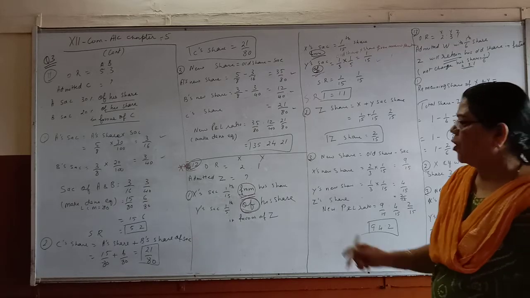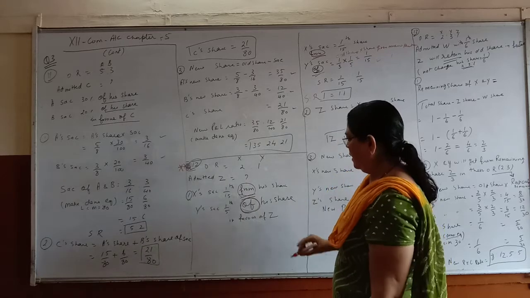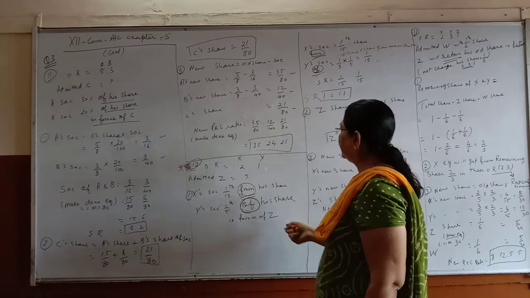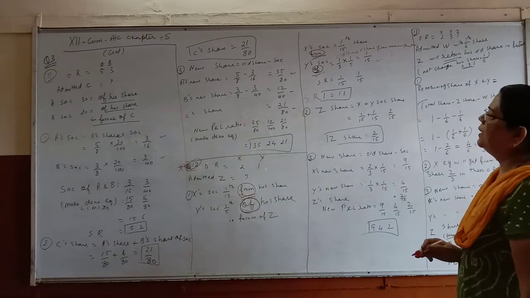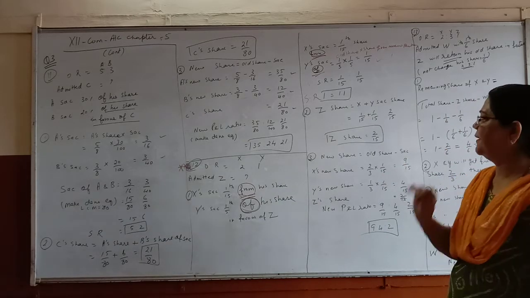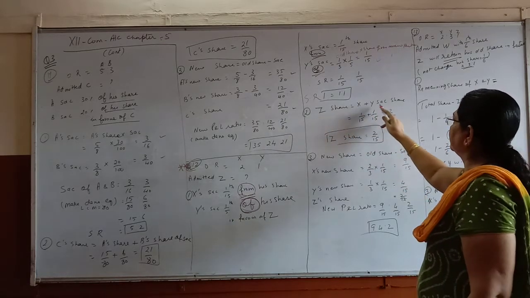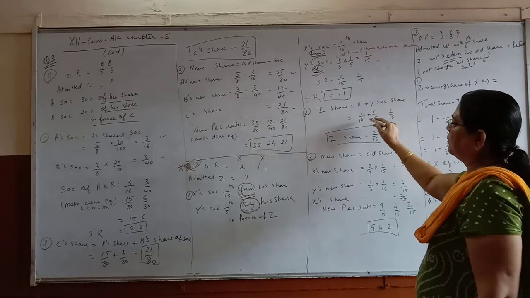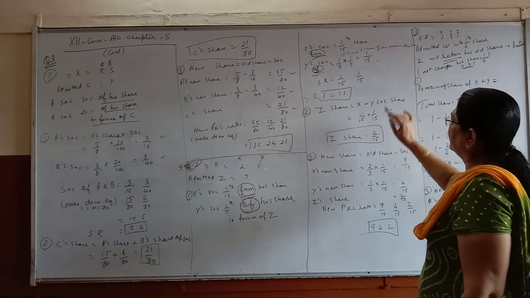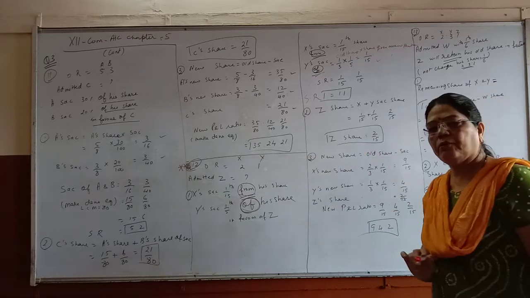Here from his share is direct, 1 upon 15 is sacrificing, and of his share means you have to multiply by his share and then find out the sacrifice. Now Z, you know, second point, Z share will be X plus Y sacrifice share. 1 upon 15 plus 1 upon 15 means 2 upon 15. So Z share will be 2 upon 15.